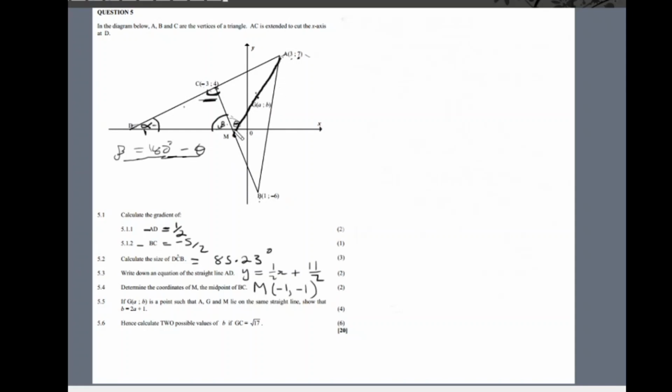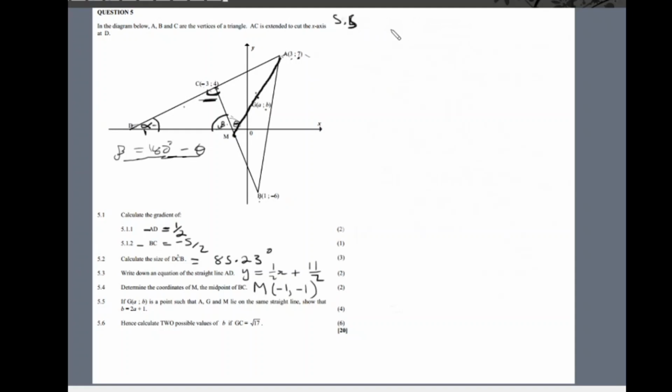A, G, and M. So now, in order for us to show that B is equal to 2A plus 1, we will need to find the equation of this line connecting all these 3 points, and then substitute that x value of A to determine what B is equal to 2A plus 1, right? So now to do that, we'll have to calculate the equation of the straight line AM, right?